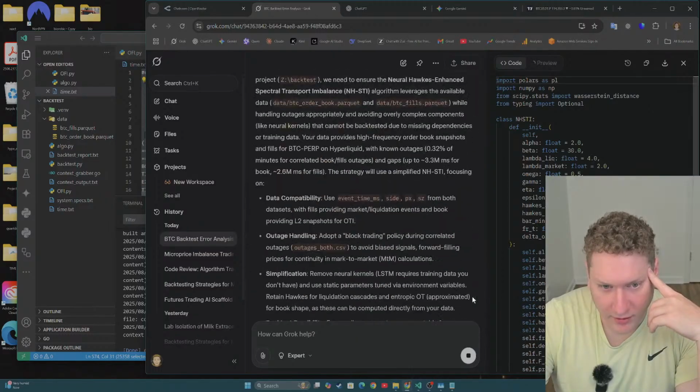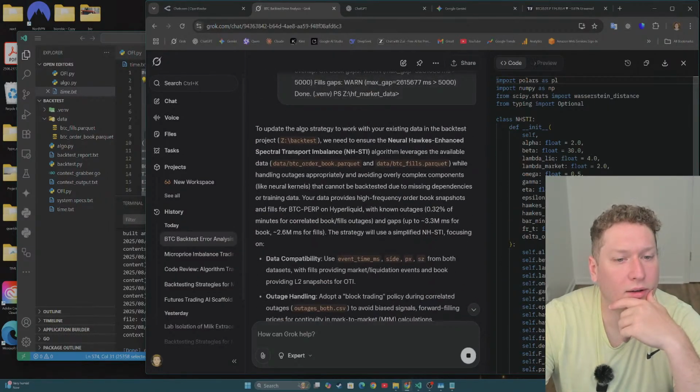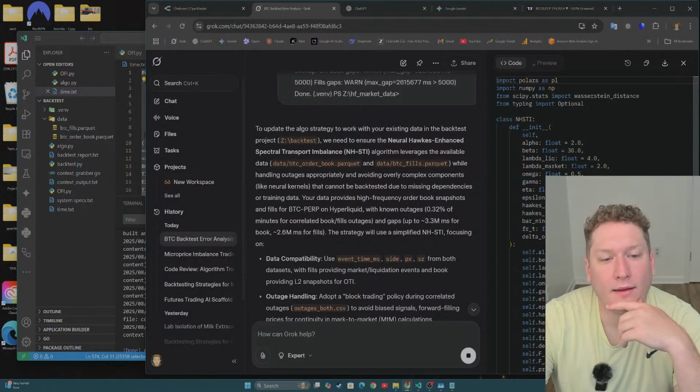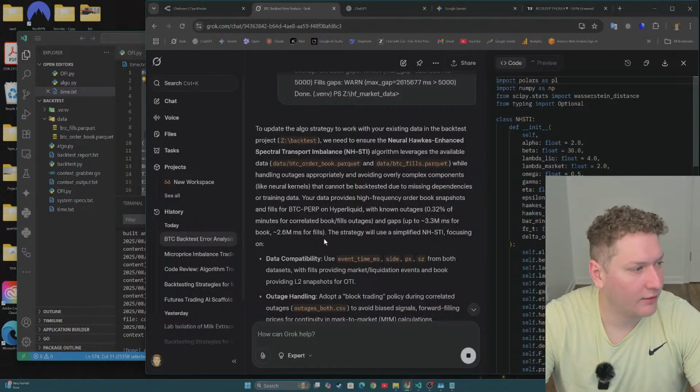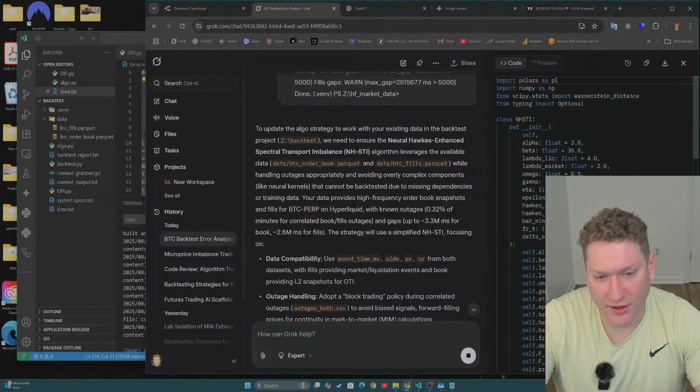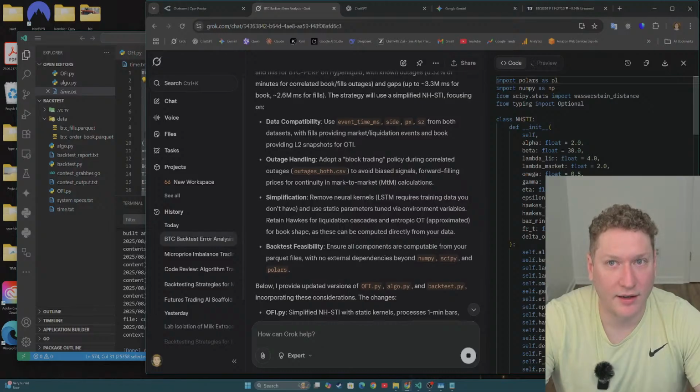So they tried doing a neural kernel, but apparently that cannot be backtested due to missing dependencies on training data. Okay. Yes. We need a strategy specifically for high frequency order book snapshots and fills.